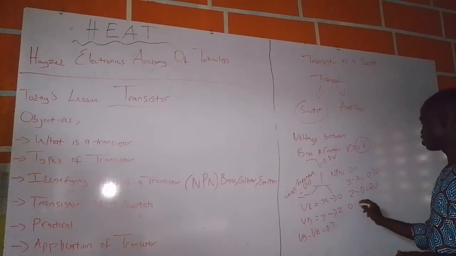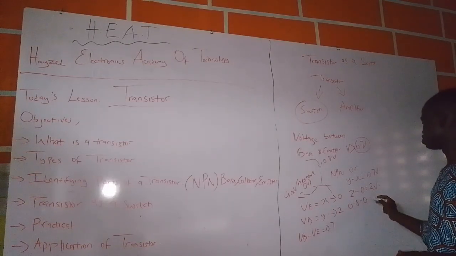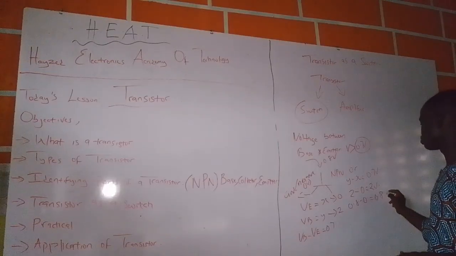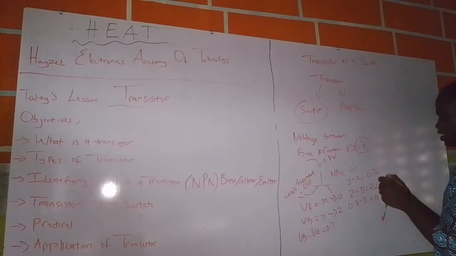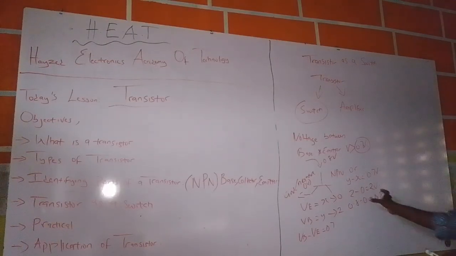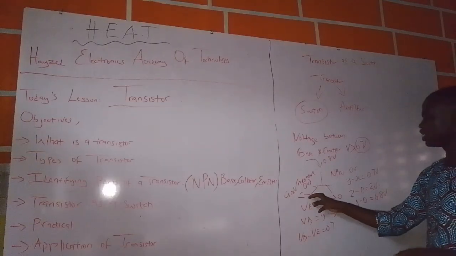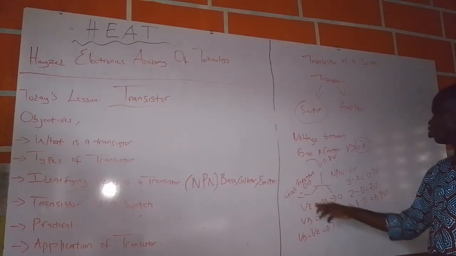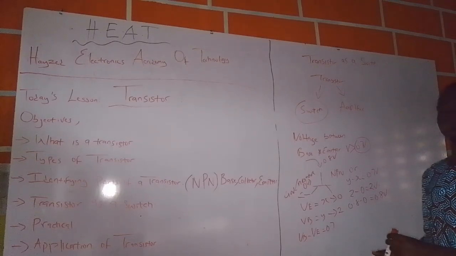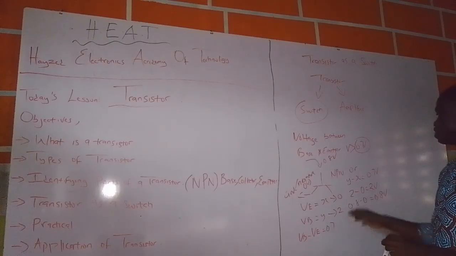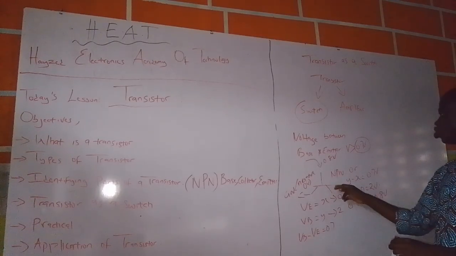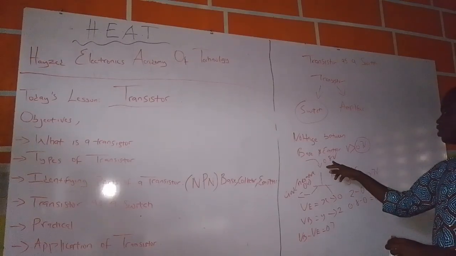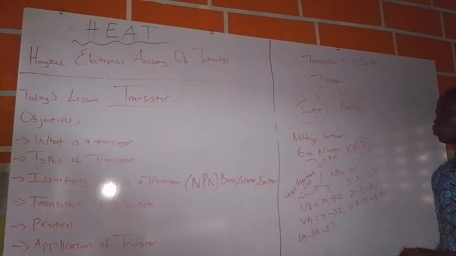It will be 0.8 minus 0, which gives us 0.8 volts. But to conveniently have these kinds of values, that is why they say connect the emitter of your transistor to GND, or to 0 volts, so that it will be easier for it to turn on if you supply any volts greater than 0.7 volts.